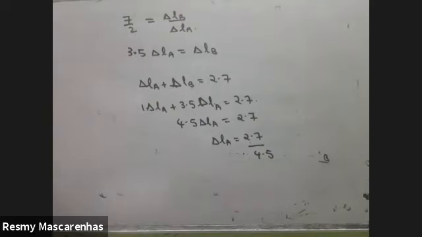You divide it, 2.7 divided by 4.5. Or basically it is 27 divided by 45. That is 0.6.